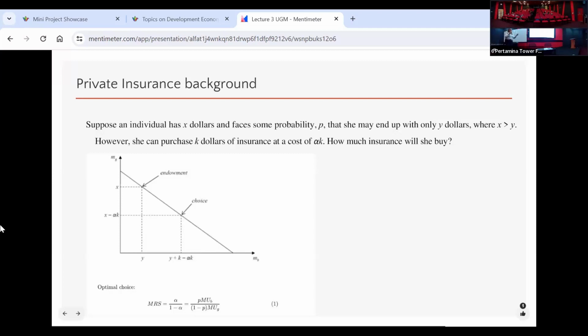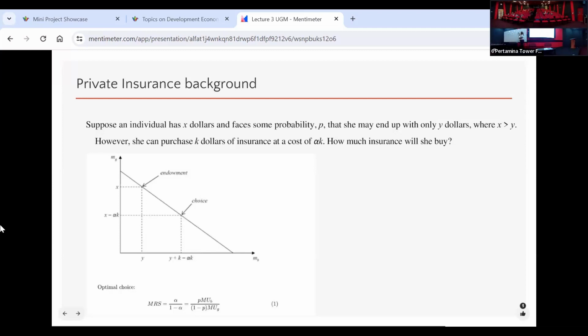Do you remember how to obtain the slope of a line? Of course you remember, but just in case you don't, it's the rate of change of x divided by the rate of change of y, correct? So this delta x over delta y is going to be minus alpha K, so that's the change, over K that multiplies 1 minus alpha, yes?